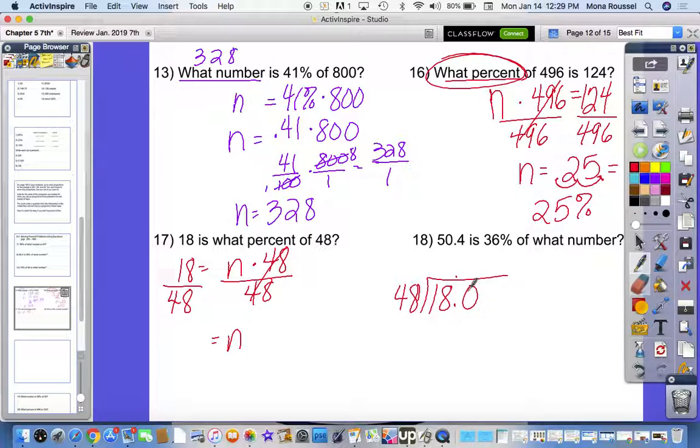So we divide 48 into 180. It goes 3 times. We add another 0, bring it down. 48 into 360 would be 7.